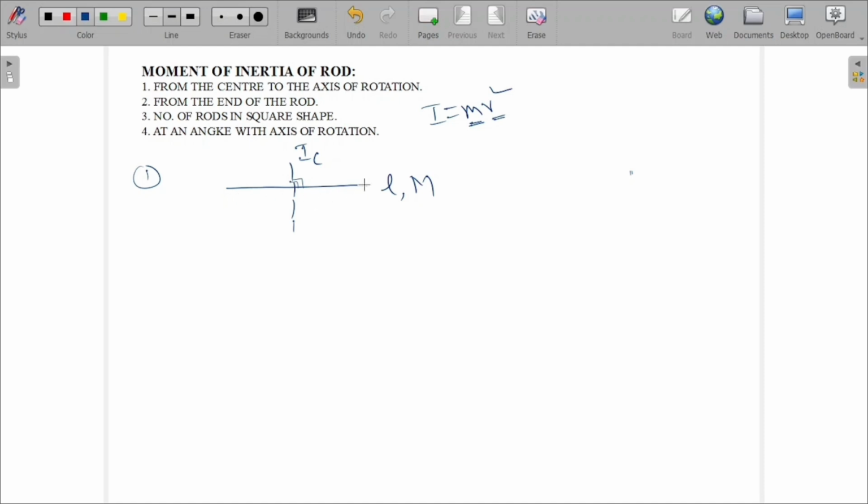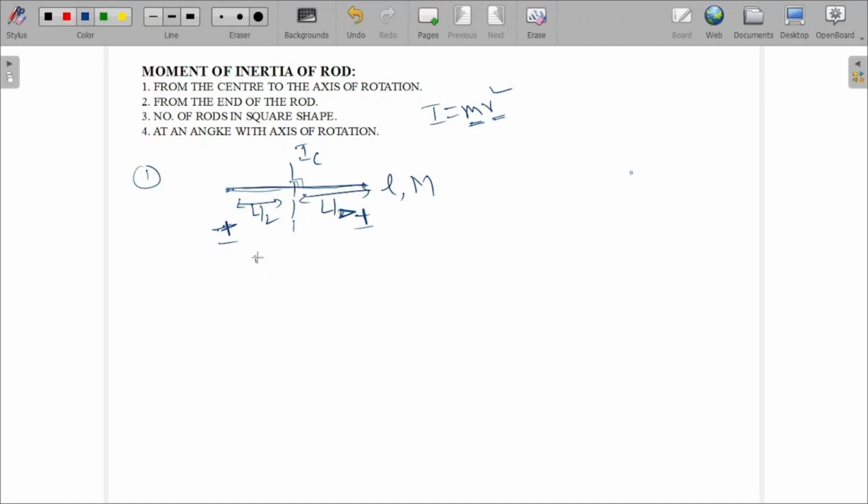So if this total length is L, then what will be this length? This will be L by 2. What about this? This is also L by 2. So one will be taken as positive, the other as negative. From negative to positive it changes. Here the rod has only length, so it has linear mass distribution.